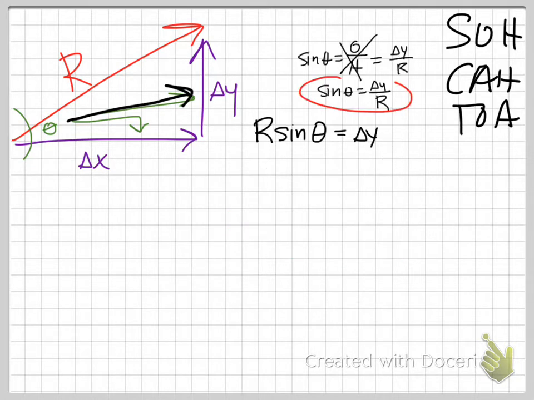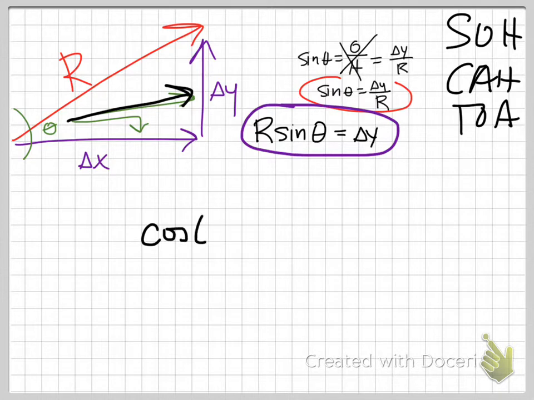Okay? So let's do a real life example. Actually, first, before we do that, this gets us our delta y. If we want to find delta x, we know that cosine theta is equal to the adjacent, which is delta x, over the hypotenuse, which is r.